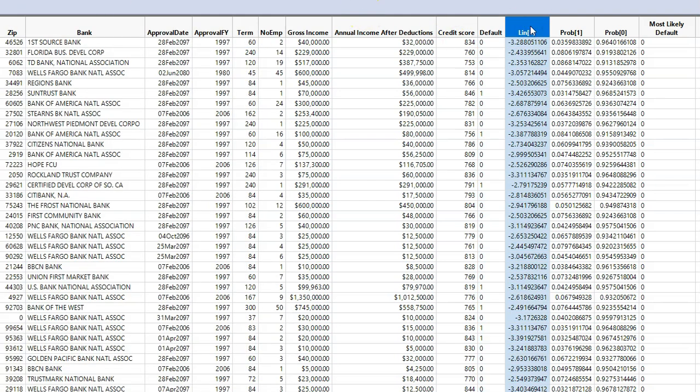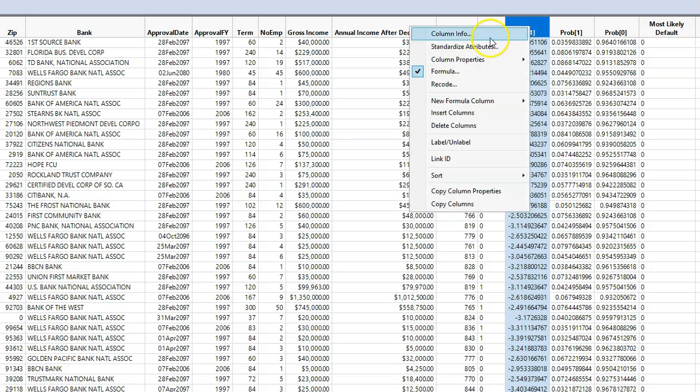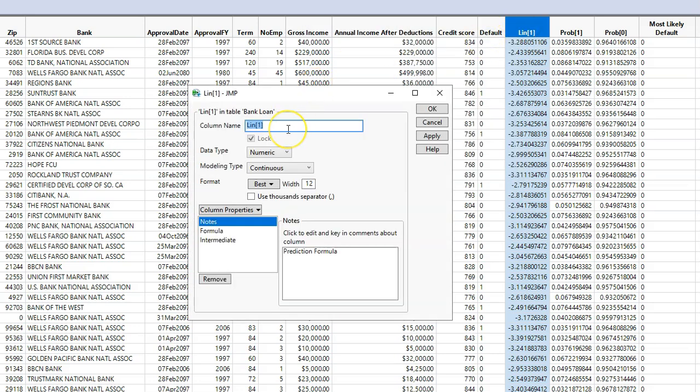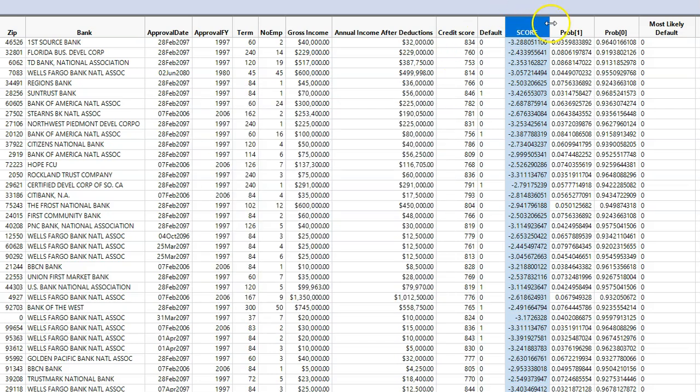So that would be your default predicted, or let's say it's a score. And probability 1, and we have also probability 0.